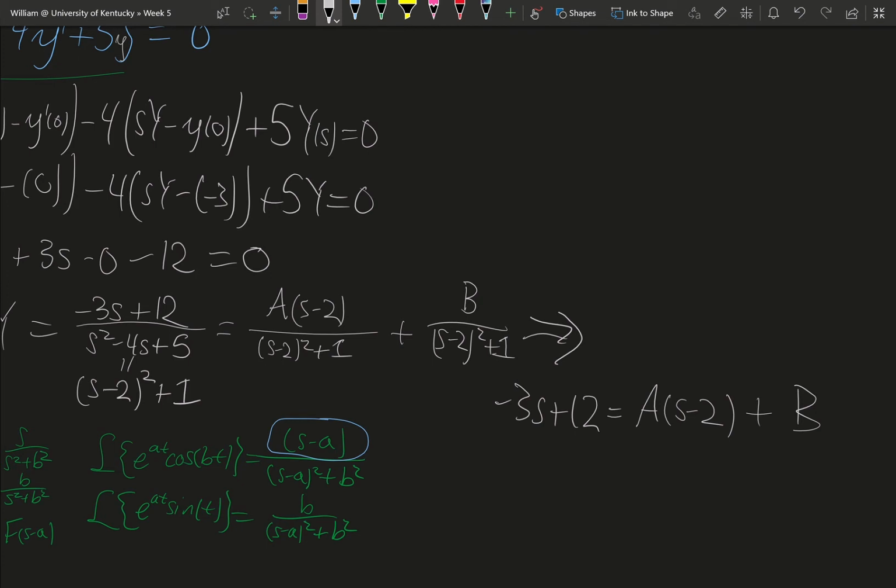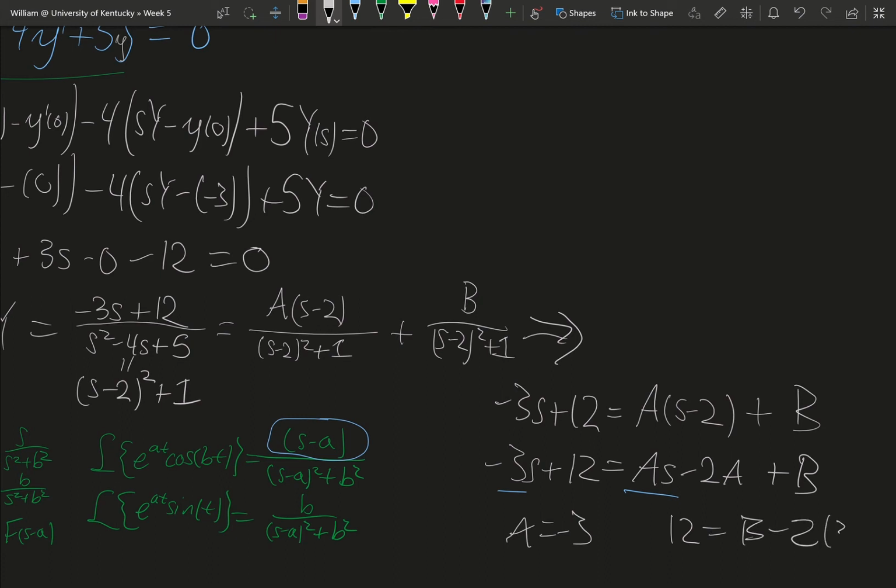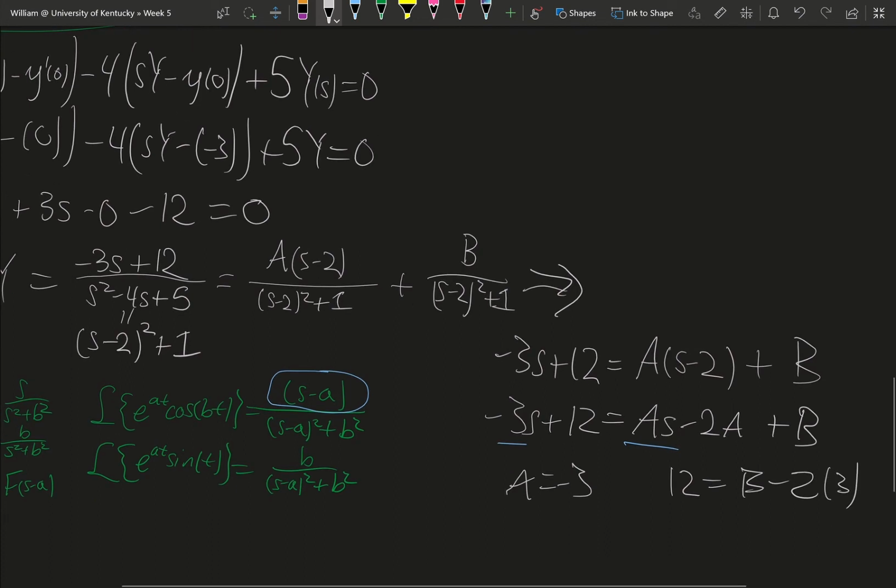Right, so now what this says is negative 3s plus 12 equals as minus 2a plus b. So from the coefficients of s, we see that a has to be negative 3, and then 12 equals b minus 2a, or 2 times 3, and so we get b equals 18.